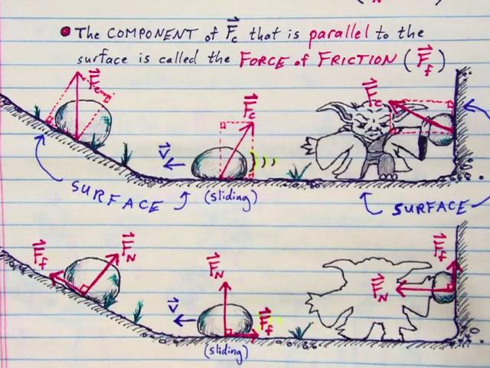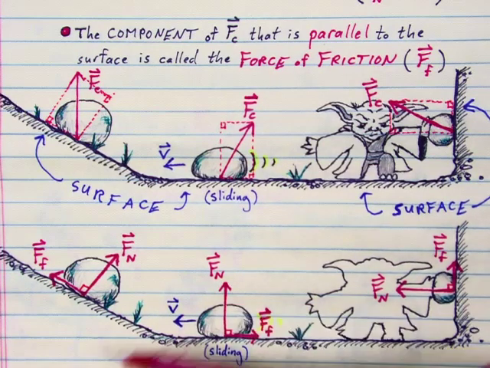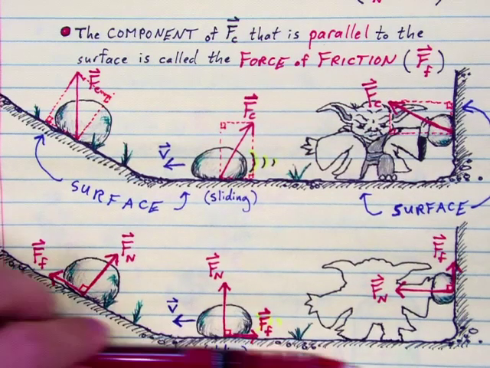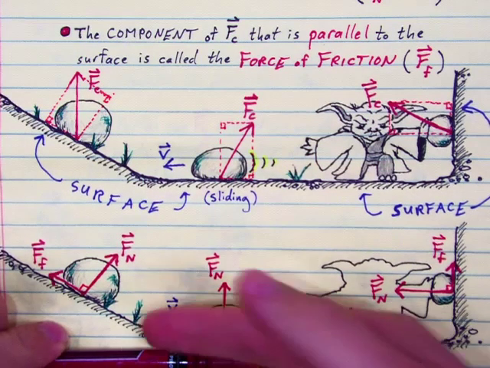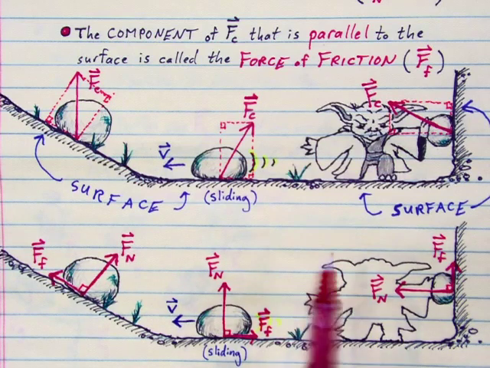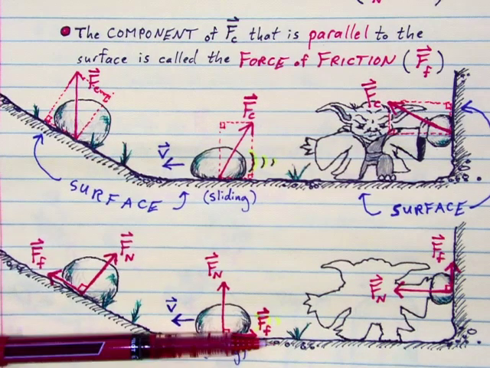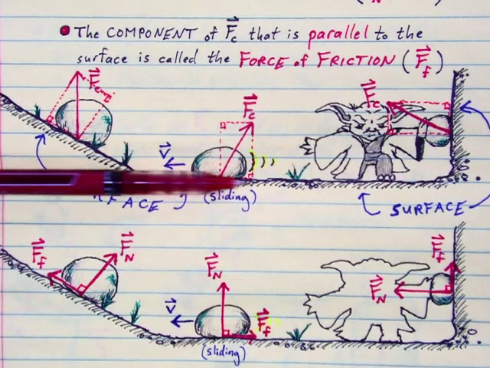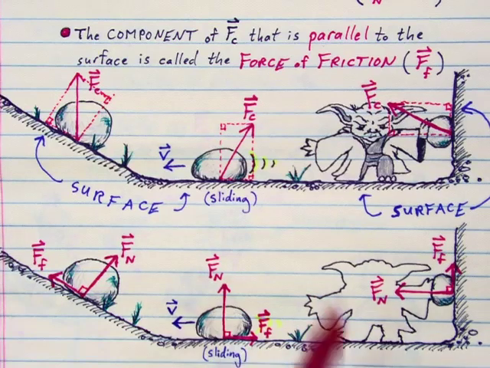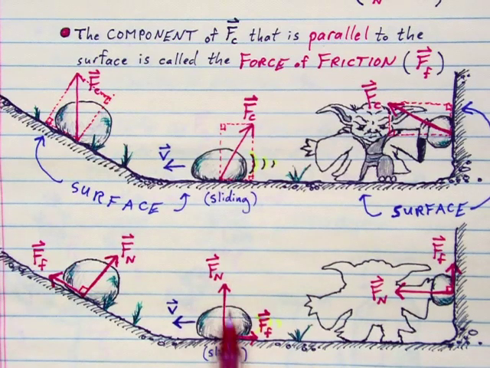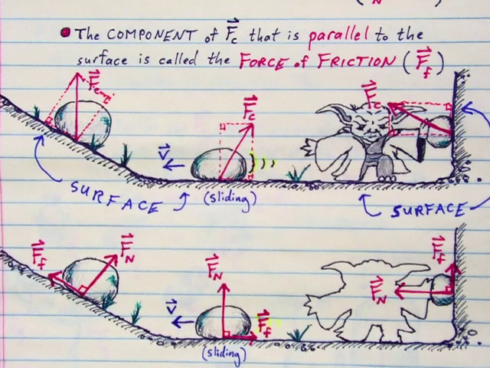Here, for the sliding stone, its velocity is to the left. Friction, of course, will be pushing to the right, opposing that sliding. That is parallel to the surface. There's our force of friction, the parallel component. And then here's our perpendicular component, the normal force pointing straight up, perpendicular to the surface.